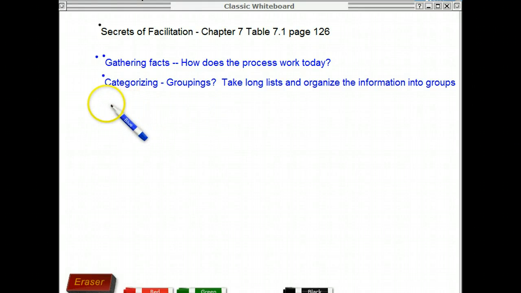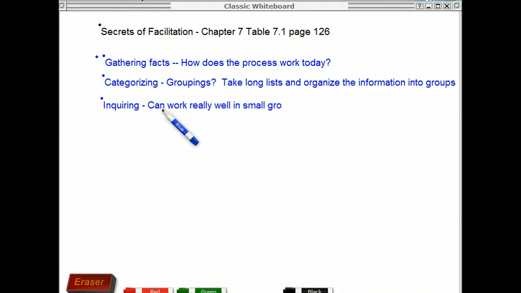The next function is inquiring. The sample question here provided by the text is: what questions do we want to see answered? Our purpose is to have the participants create questions or ask questions of a speaker, a panel, or each other. This can be a rather novel approach and can get a lot of work done with a group by splitting up the work so that the facilitator isn't left with asking each question and recording each question individually, but we're actually distributing the work.